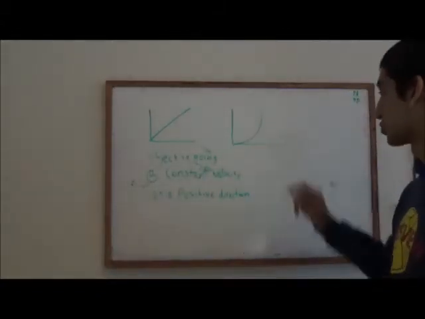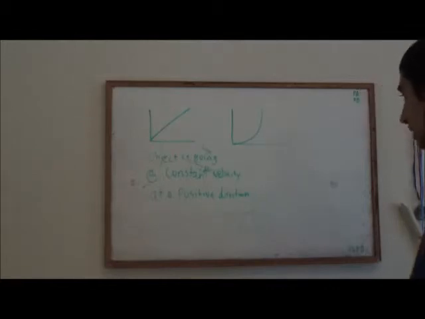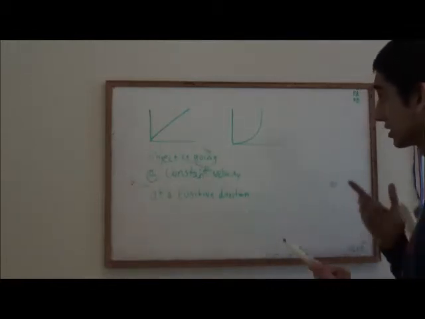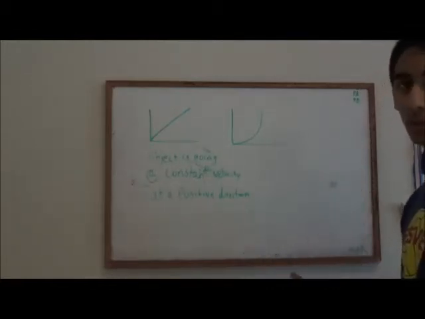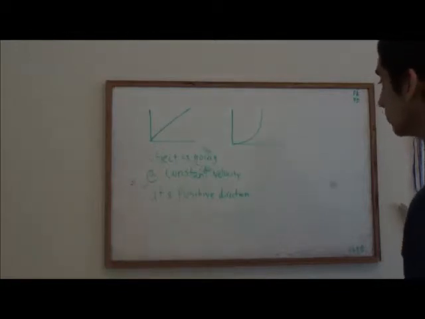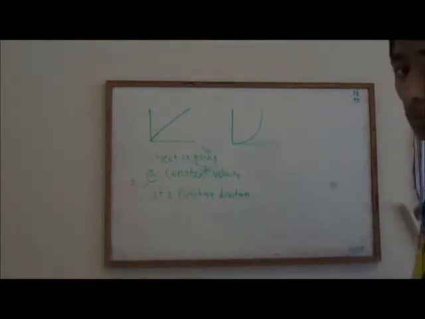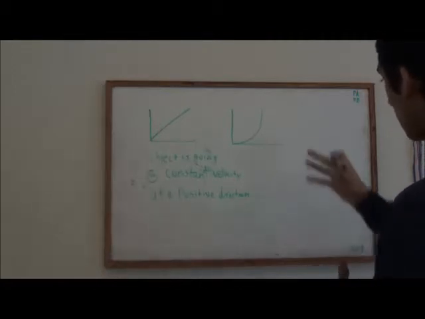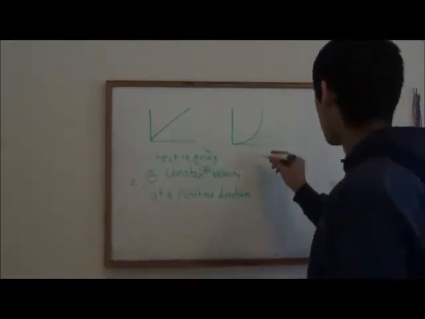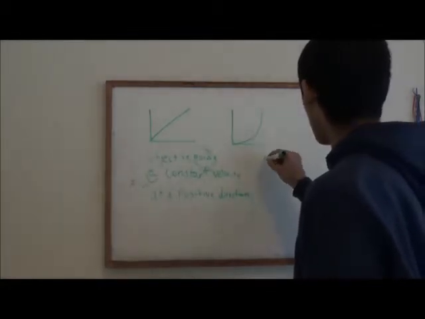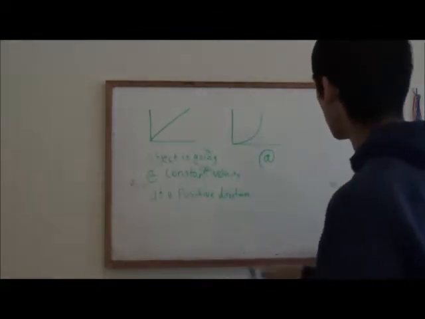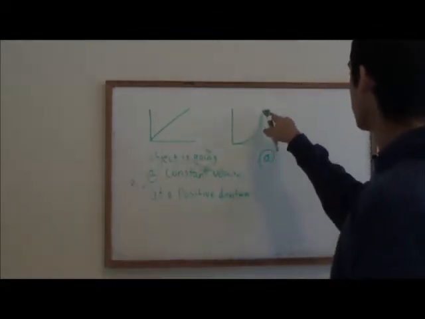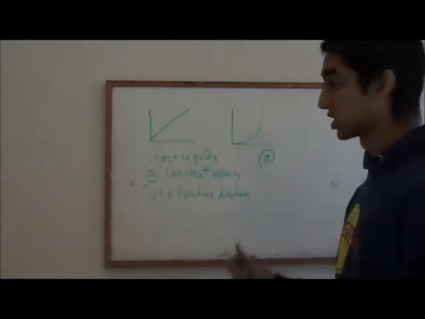Now let's look at this one. From this picture, I'm seeing that the graph is accelerating, so this should probably be a quadratic equation. That means the object is positively accelerating in a positive direction.